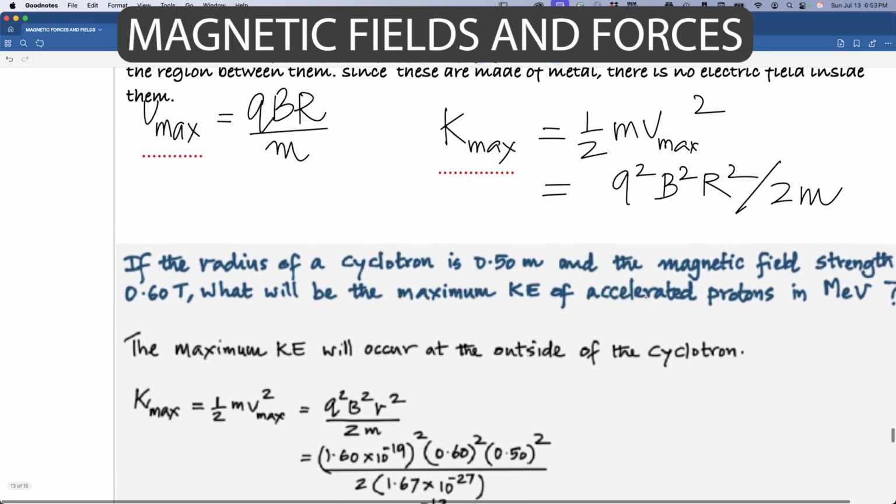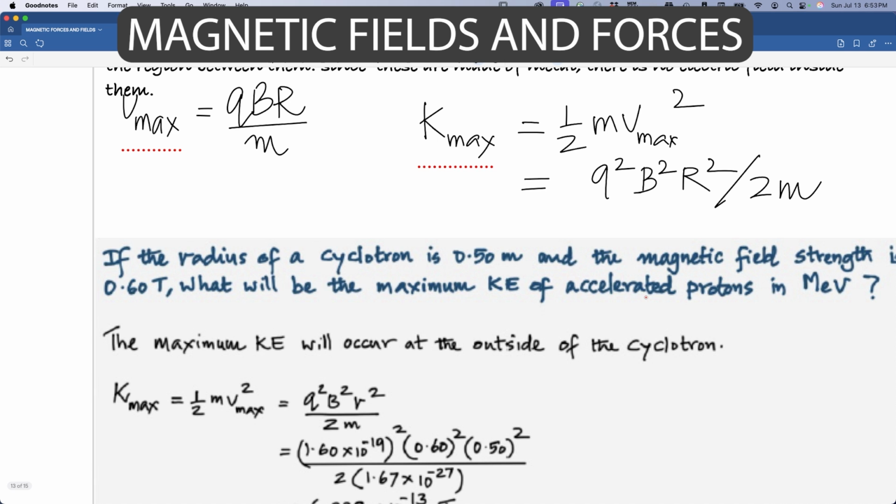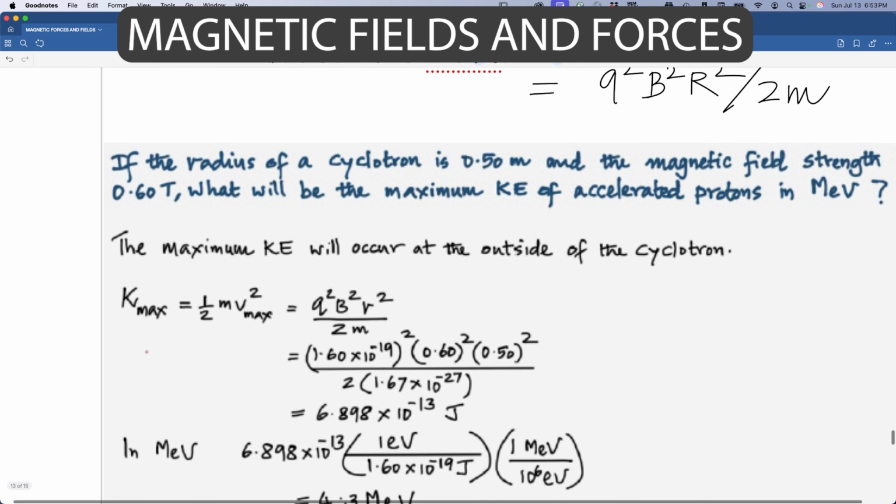And here is a problem where you have to calculate the maximum kinetic energy, and of course, it's just straight substitution of whatever is given. The charge, the magnetic field, the radius, 2 times the mass of the particle. This is a proton, because I recognize the mass given there. So you get that, and it's such a small kinetic energy.